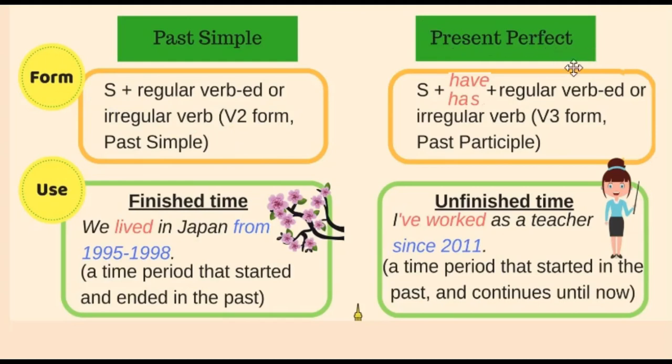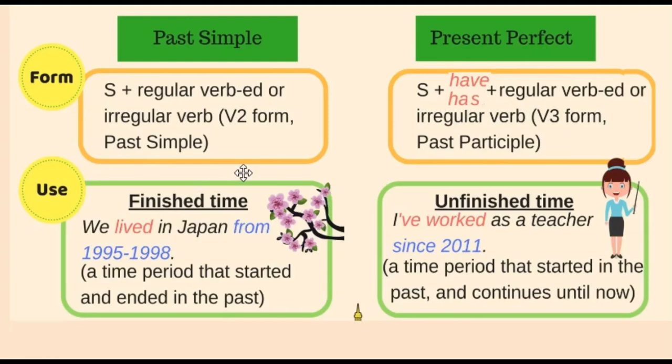Present perfect is formed by subject, the auxiliary verb have or has, and the third form of the verb. Present perfect формується: суб'єкт, потім have or has, додаткове дієслово, і потім головне дієслово в третій формі. Third form of the verb.